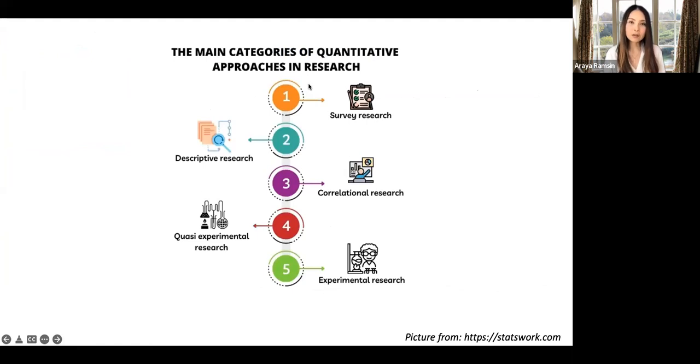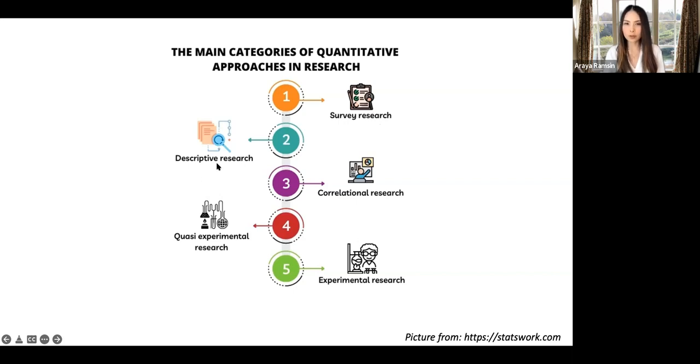Okay, so now let's see. Take a look at this nice diagram. I didn't create this one myself. I got it from this website down here. So quantitative research can be categorized into 5 groups. First one is survey research.